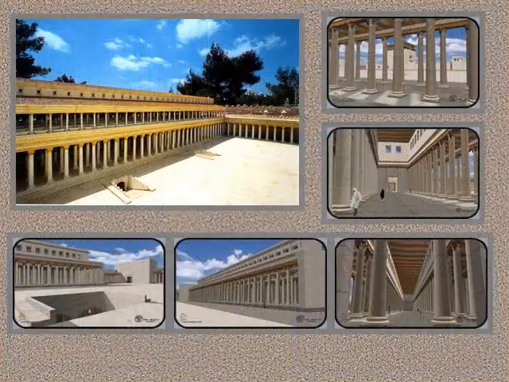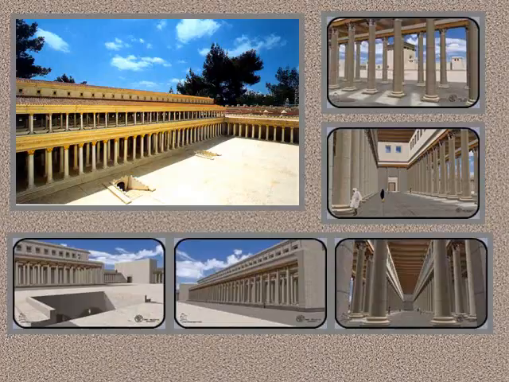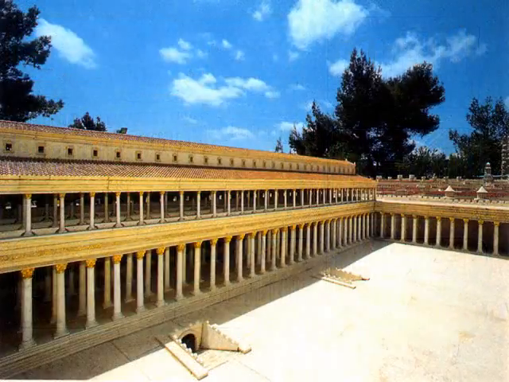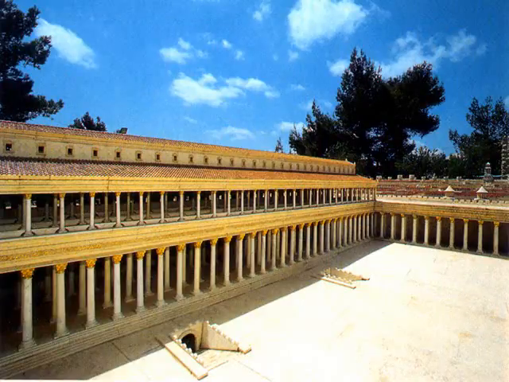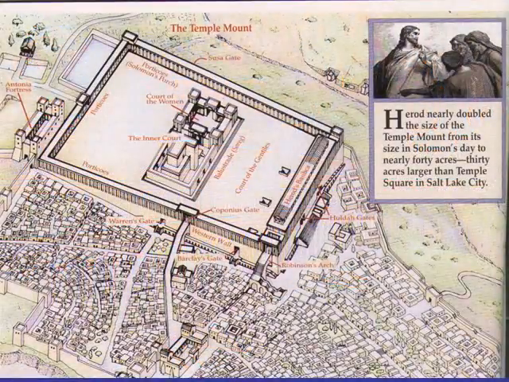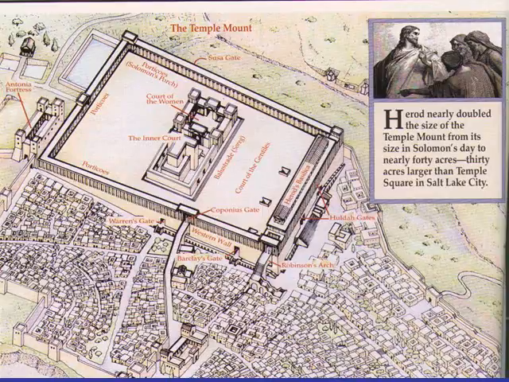Now we'll put all these pictures next to the Holy Land Hotel model showing the approaches coming up to the Temple Mount at the south end. Enlarged. Here's a diagram to help get us oriented again in a slightly different way.